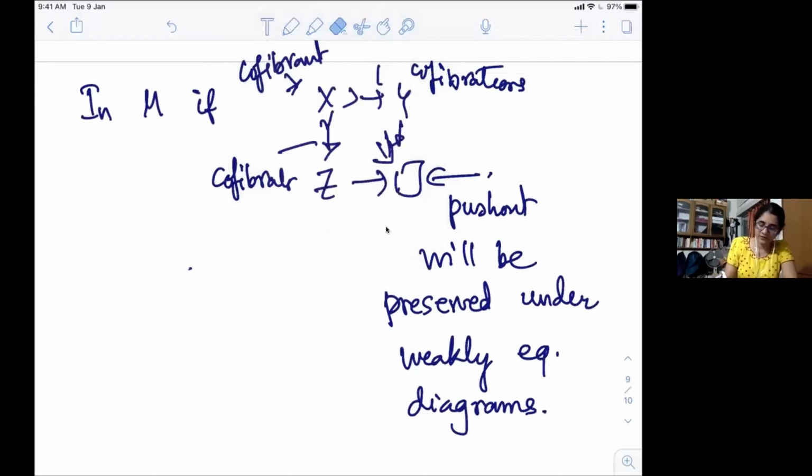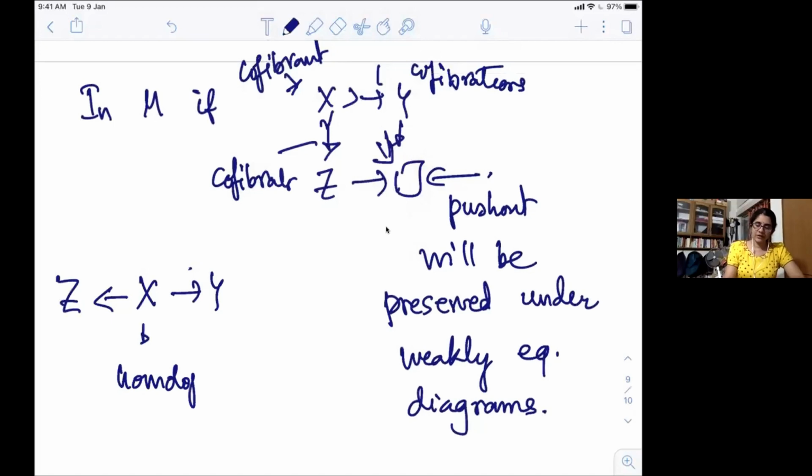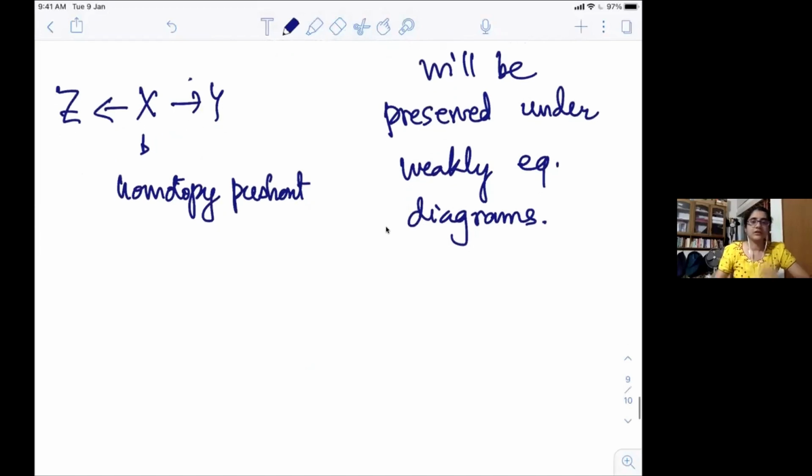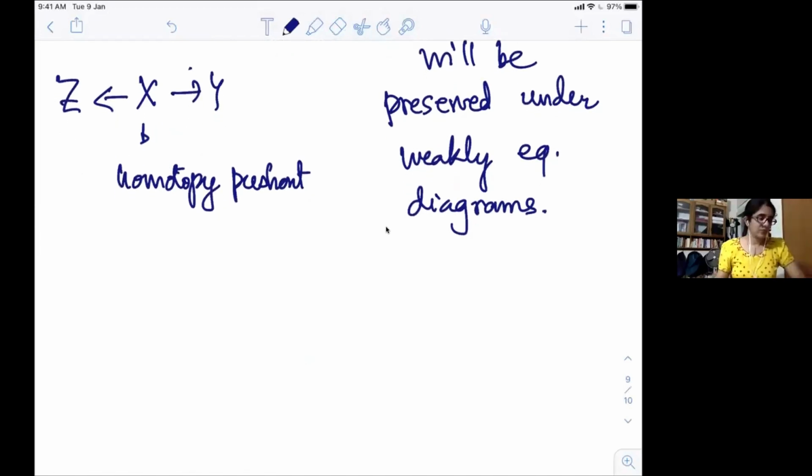If I have X mapping to Y and X mapping to Z, given such a diagram, one is able to actually construct a homotopy push out of this diagram, by which we mean that we can write down something which will get preserved under weakly equivalent such diagrams. Any other weakly equivalent diagram to this will also have a weakly equivalent push out.